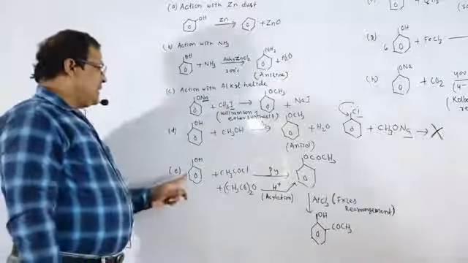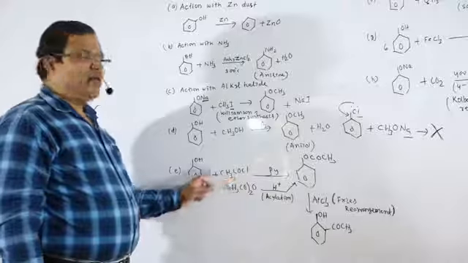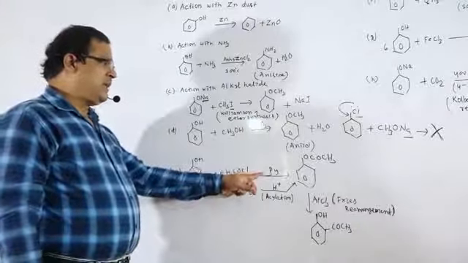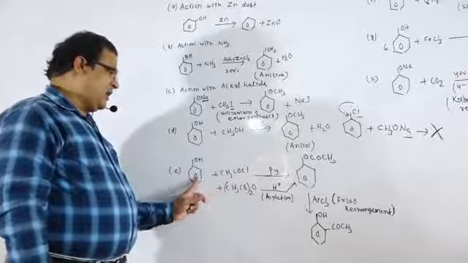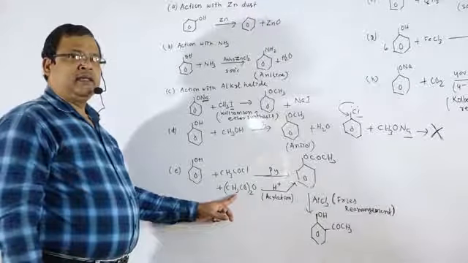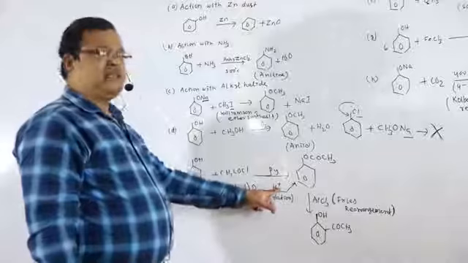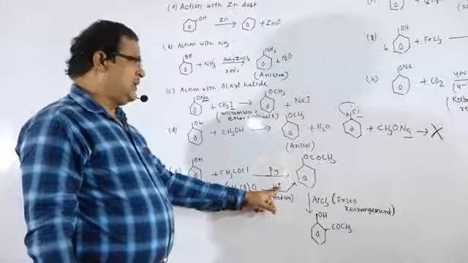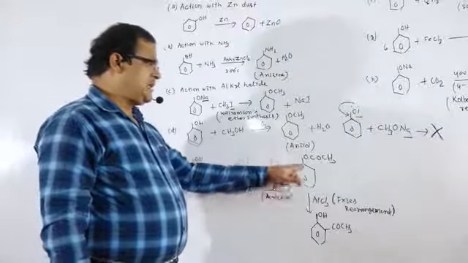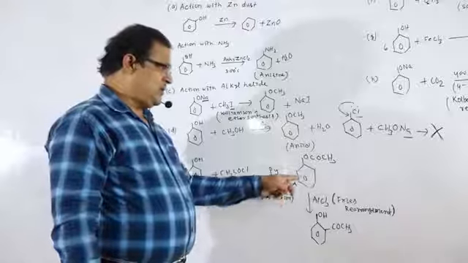So next one, phenol is treated with acid chloride. Phenol treated with acid chloride in presence of pyridine, or phenol treated with acetic anhydride in presence of mineral acid HCl. So there is the formation of a benzene ring attached to OCOCH3.